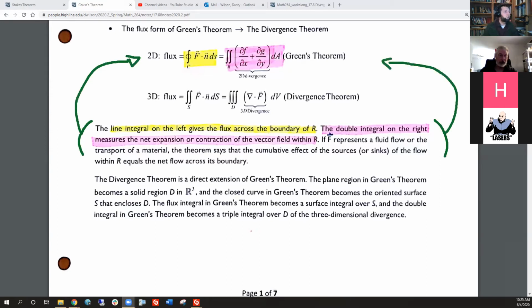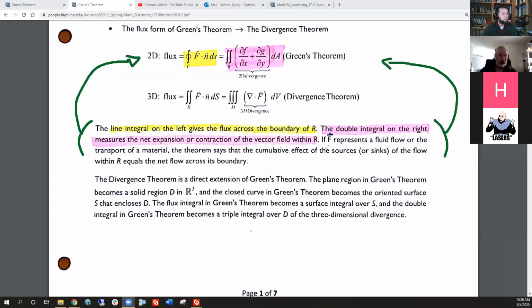So the line integral on the left, this yellow thing, gives the flux across the boundary of R, just like we were talking. The double integral on the right, this pink thing, measures the net expansion or contraction of the vector field within R. So if F represents a fluid flow or the transport of a material, the theorem says that the cumulative effect of the sources or sinks of the flow within R equals the net flow across its boundary.